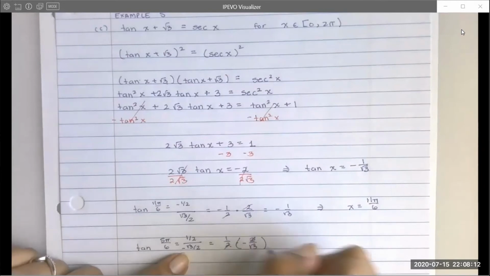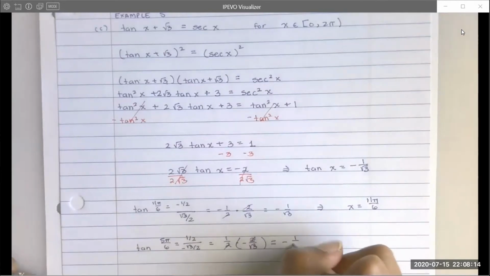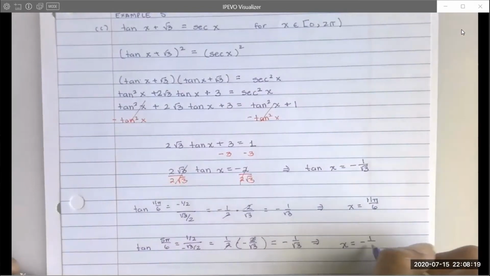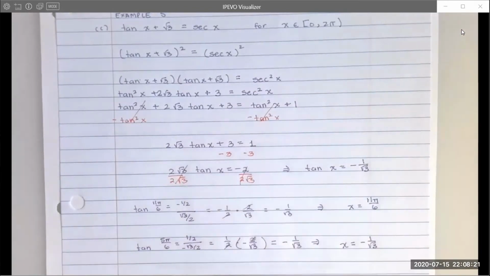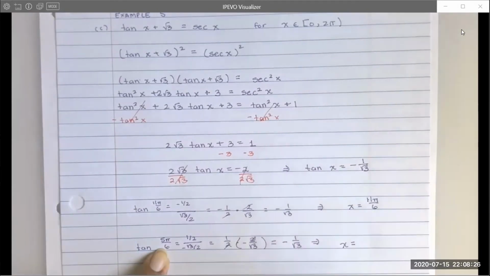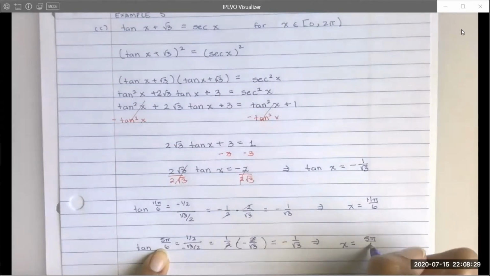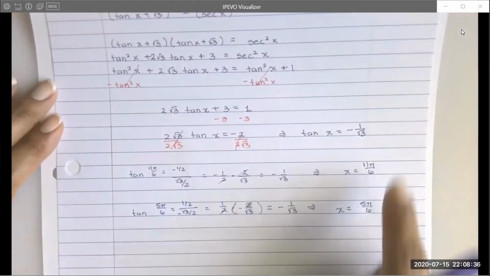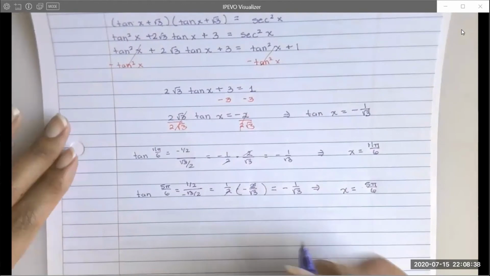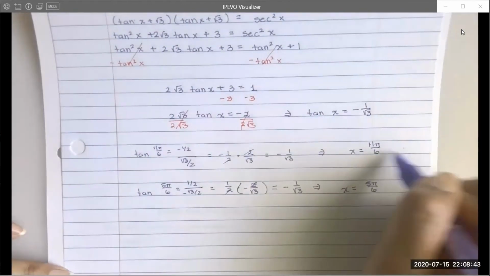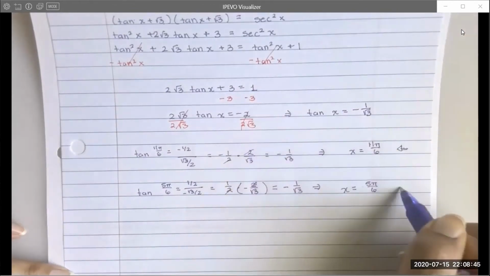These cancel, and I end up with negative 1 over radical 3. So that would be my other answer. Oh, sorry, wrong, 5 pi over 6. Now you can check the other two values, but you'll see that they won't give you negative 1 over radical 3. They'll actually give you radical 3. So far, the answers that we're getting are 11 pi over 6 and 5 pi over 6.